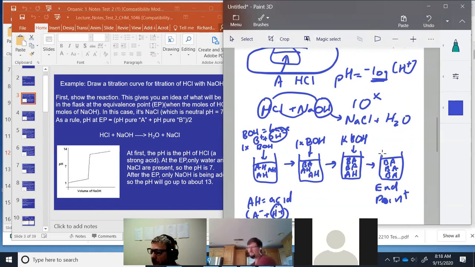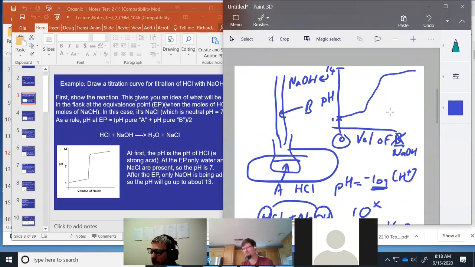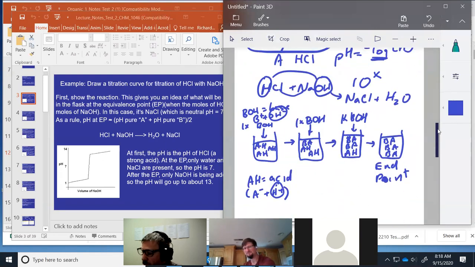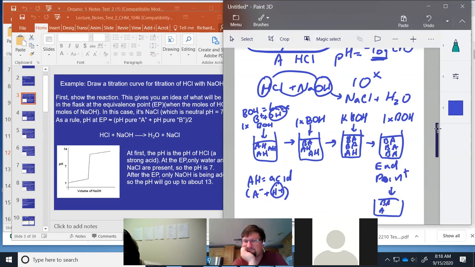And then at the end point, the AH is completely gone, and we end up getting this massive jump here, and then it just goes up after that, because all that's being added to the solution at that point, if we add in another portion of the base, is we'll have the BA and we'll just have BOH, because the BOH can't react with anything else.